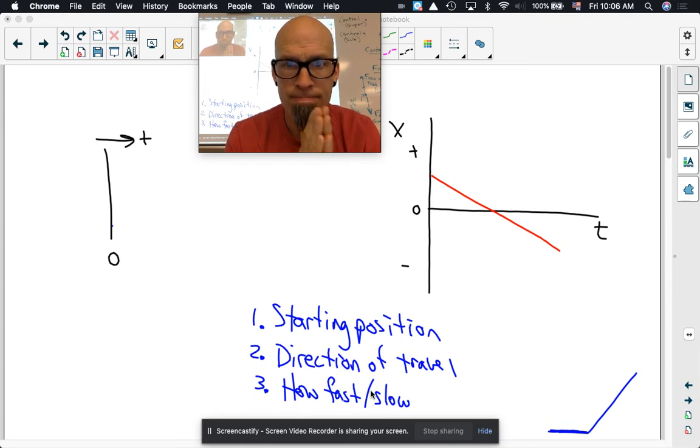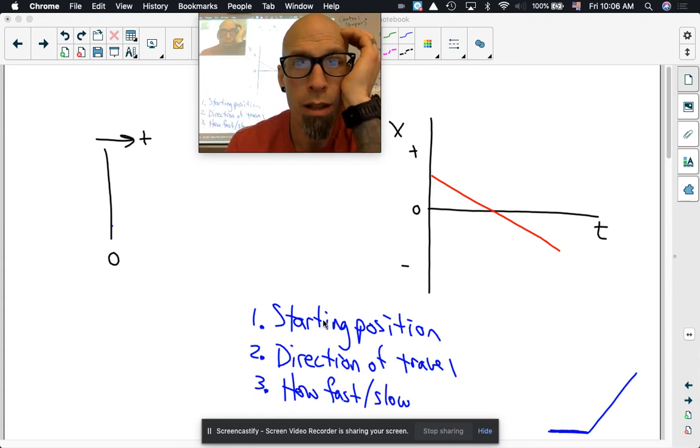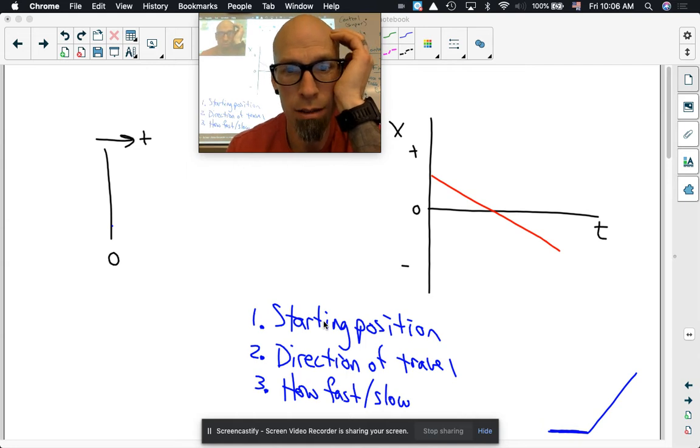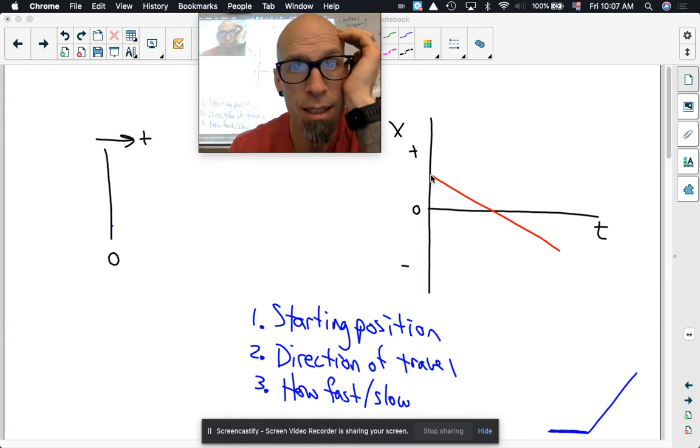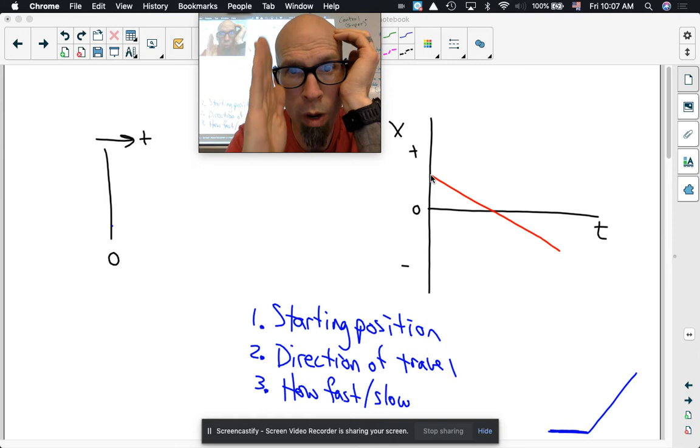All right. So how do you know what the starting position is? Remember, it is the position at time 0. Time is 0 on the position axis. And so the y-intercept is the position when time is 0.